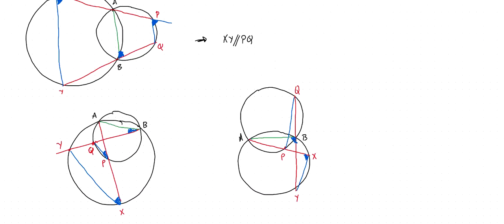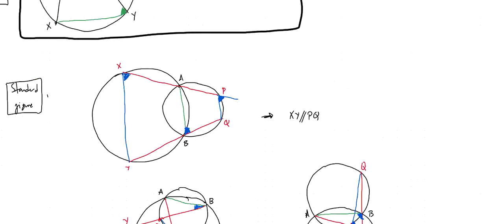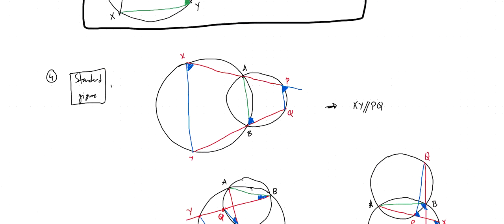So it's the complement of angle ABQ. So if you chase it from this circle now, ABQ, it sees the arc AQ from this side. So it comes to here. You see, again, you see parallel. Of course, the same thing. So this is another standard figure.